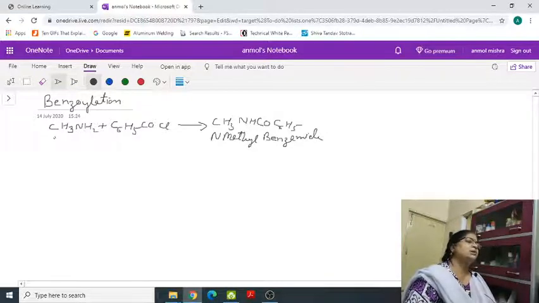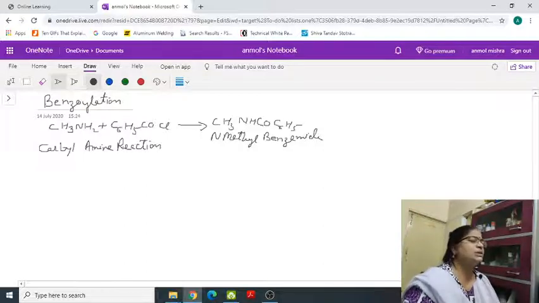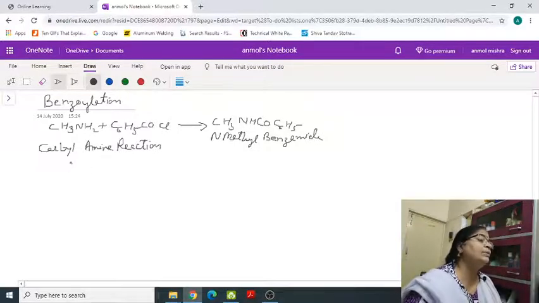Next is the carbylamine reaction. The carbylamine reaction is used to distinguish between primary, secondary and tertiary amine. It is given only by primary amine, RNH2.